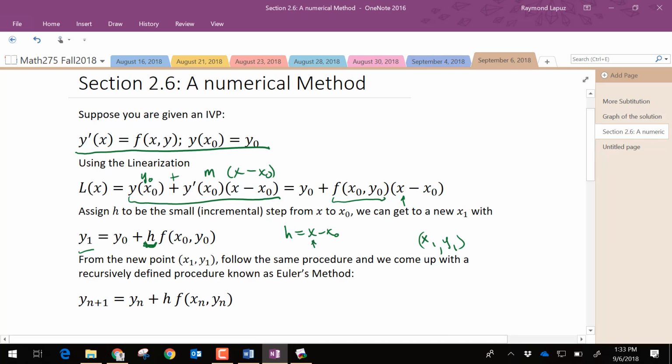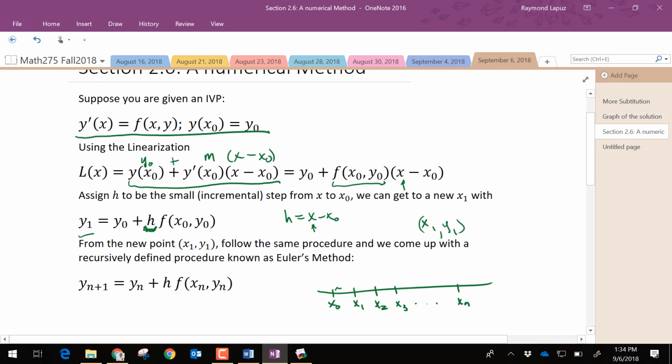Okay, so in the x-axis, you're just taking steps incrementally, the same steps, until you decide that you need to stop somewhere. And these steps are all steps of h.